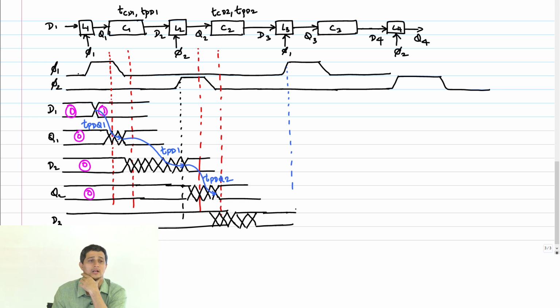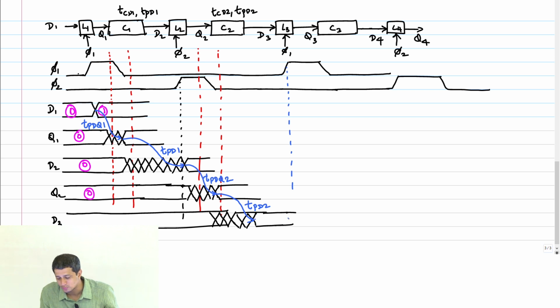So now what is the timing constraint that I can write? Okay, what is this delay? T_PD_2, correct? So what is the timing constraint I can write now on the clock? This entire thing should finish in one clock cycle.